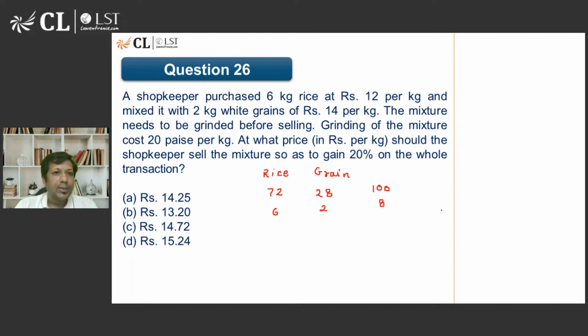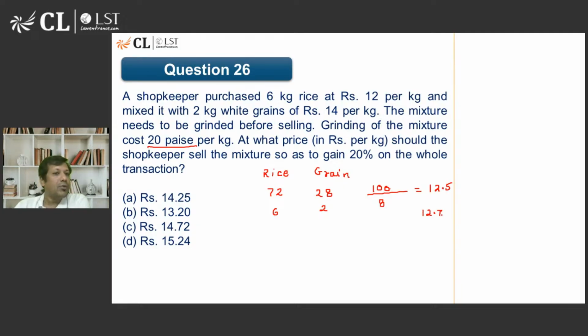Now it says the mixture needs to be grinded before selling. The grinding of the mixture costs 20 paisa per kg. So what is the average price? That is 100 divided by 8, and that comes out to be 12.5. Now if you add the grinding cost per kg, that becomes 12.7 because of 20 paisa per kg.